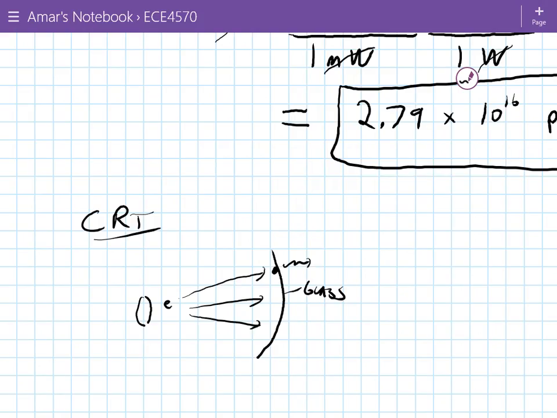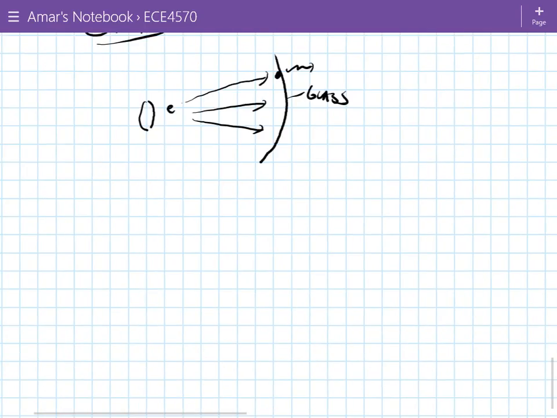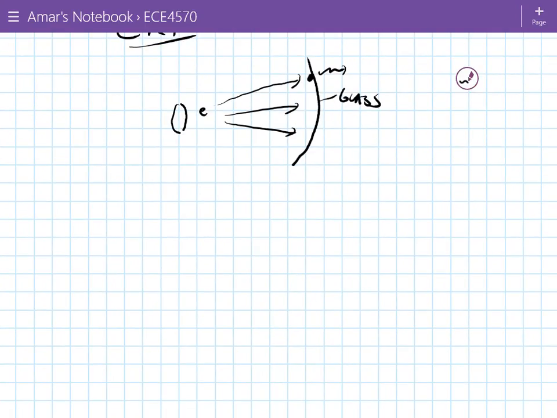So now we have our LCD displays, which work in a fundamentally different way. Today's TVs work something like this, where there's a grid. This is looking at it from the side view, and there's a light source in the back.